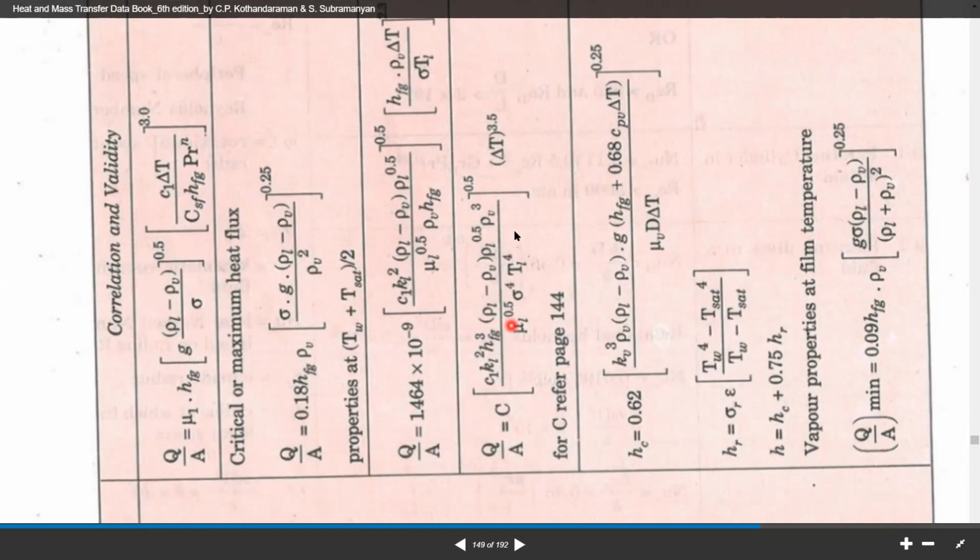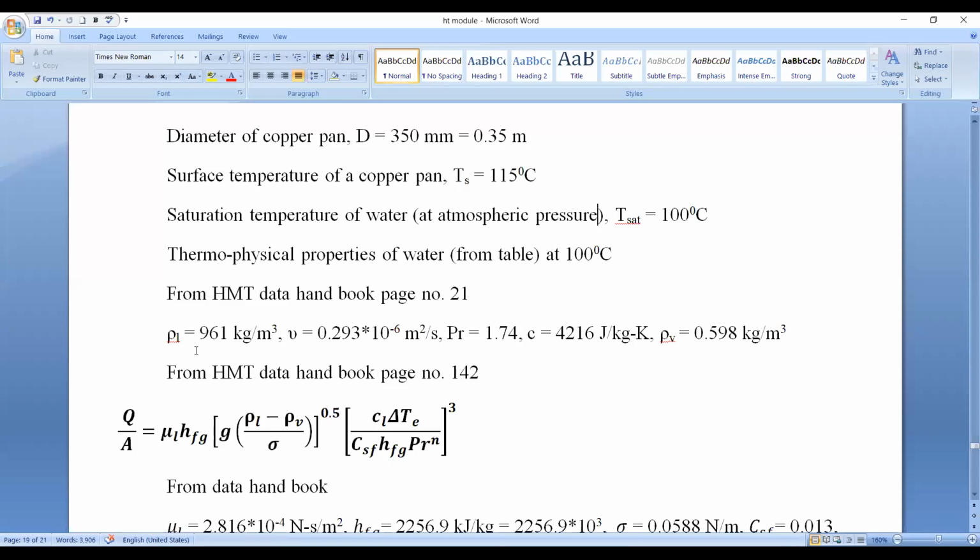Now let's go to the main sheet. Here you can see the value of rho L, the density of liquid, 961 kg per meter cube, and the kinematic viscosity nu equals 0.293 into 10 power minus 6 meter square per second.